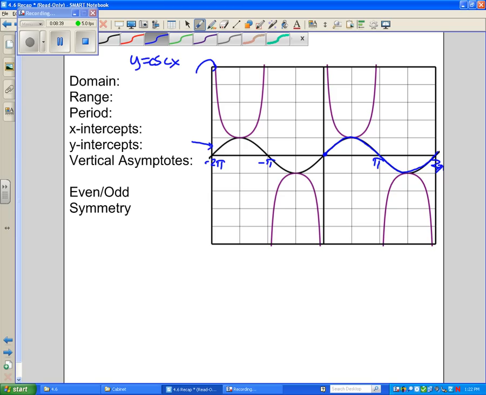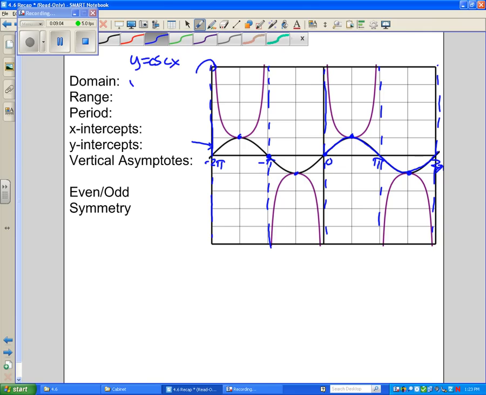I use the sine as the reference for creating the cosecant graph because the intercepts of the oscillating axis for sine are the asymptotes of cosecant. And then the extrema for sine are shared between the sine and cosecant graphs. So minimums and maximums just change from a minimum to a maximum and a maximum to a minimum, and so forth.